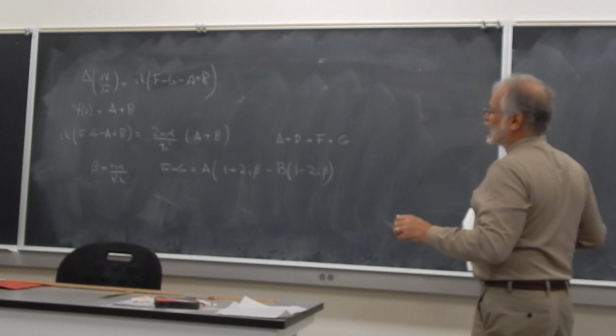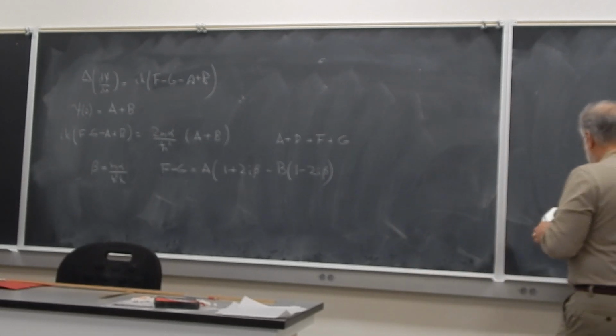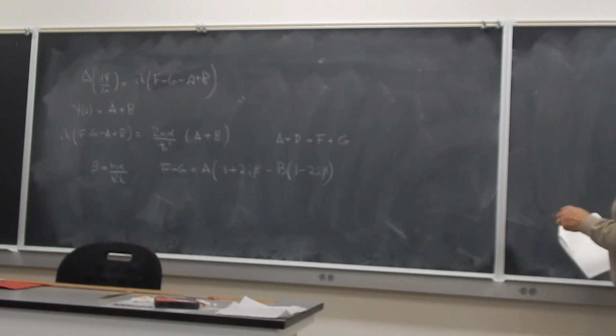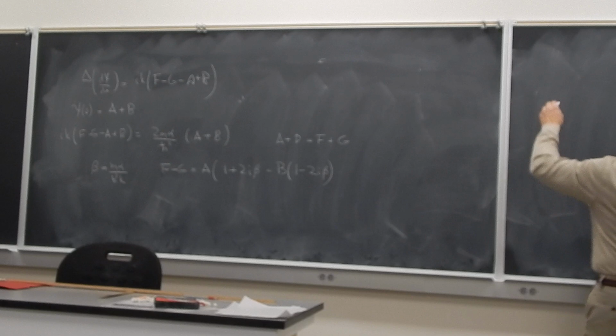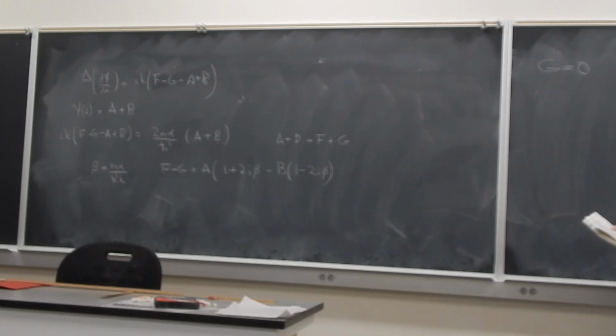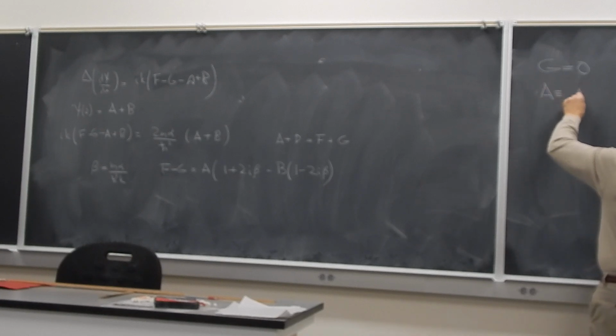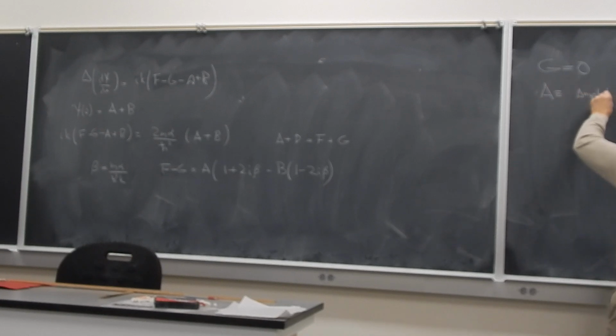So let's just say we have a particle that's incident from the left. If this is the case, the amplitude of the wave coming in from the right should be 0, since the particle is incident from the left. So that's the case. G is going to be 0. That'll get rid of 1. That means A would be the amplitude of the incident wave.